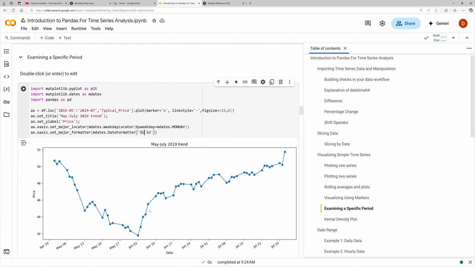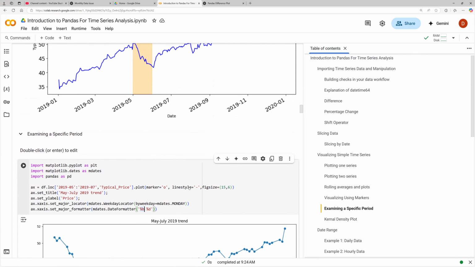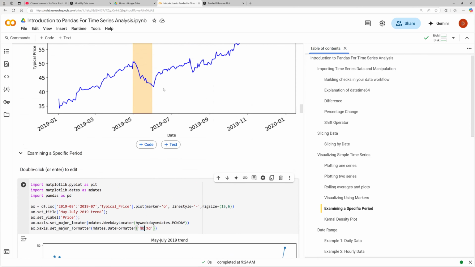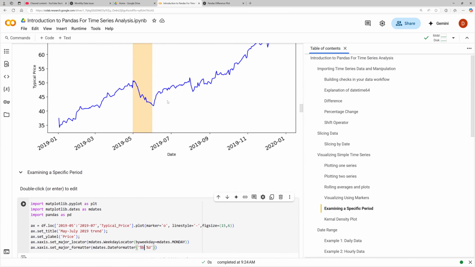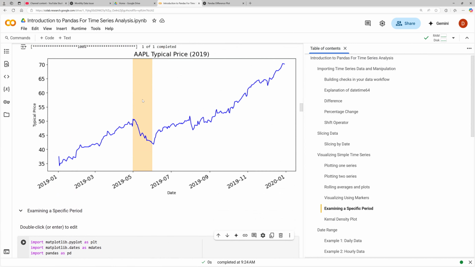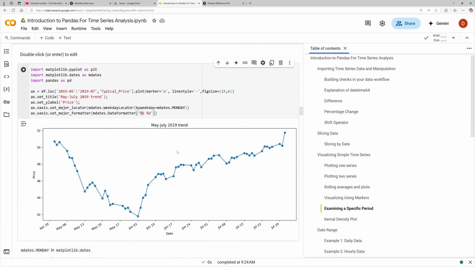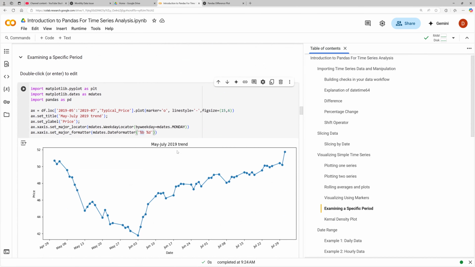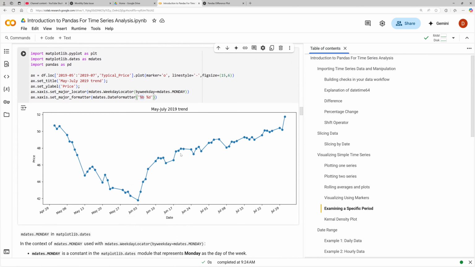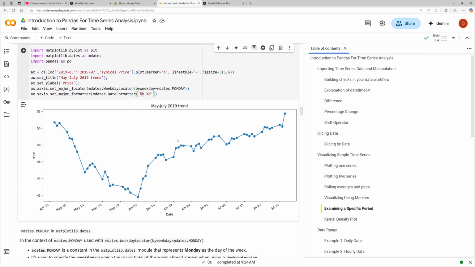From the bigger graph, we couldn't tell if it's June because we're looking at it big picture. But if we zoom in, we could see it. That's the usefulness of examining a specific period. It's like a subset, to get a feel for what's actually going on.